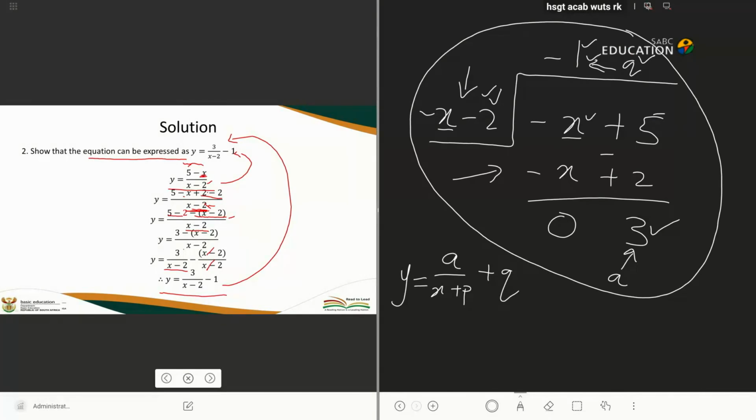So I can therefore say y equals 3 over x minus 2 minus 1, which is exactly what we were asked to show.